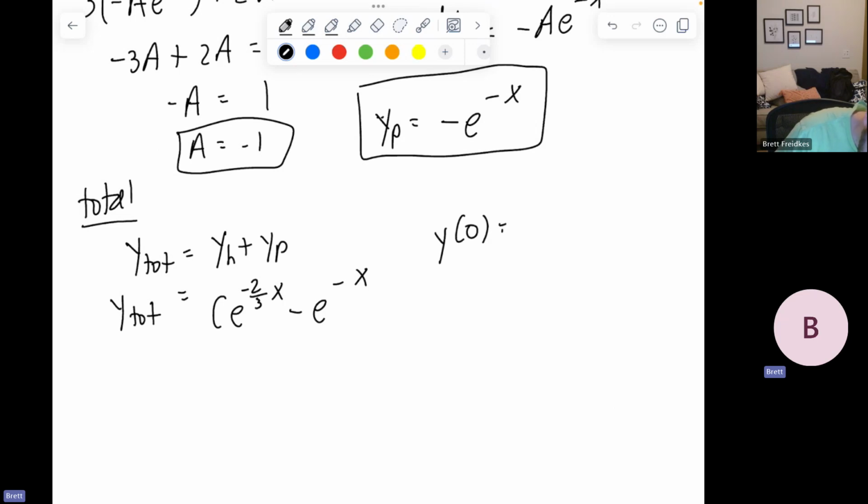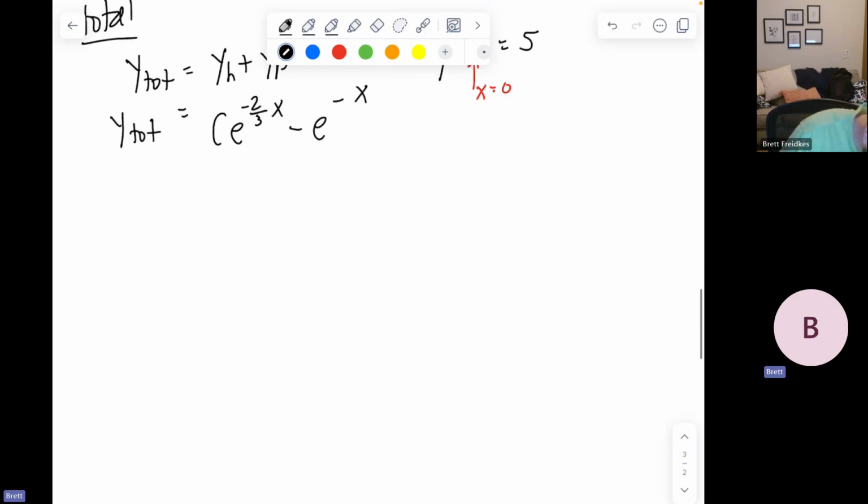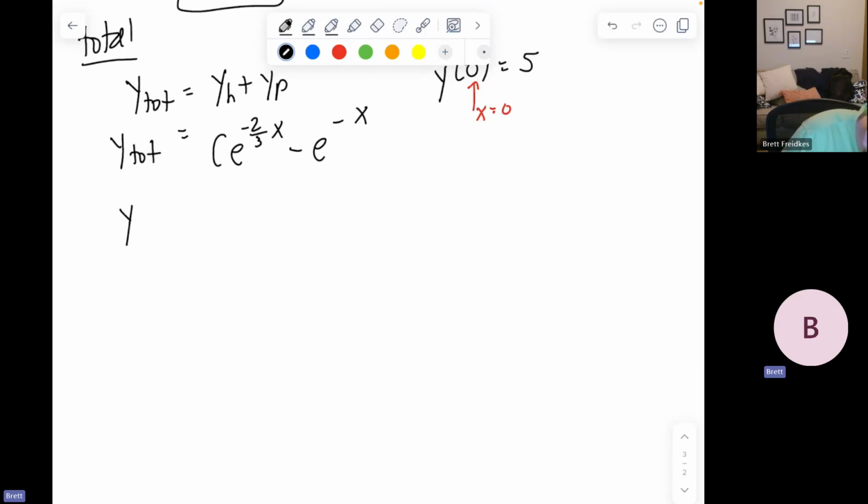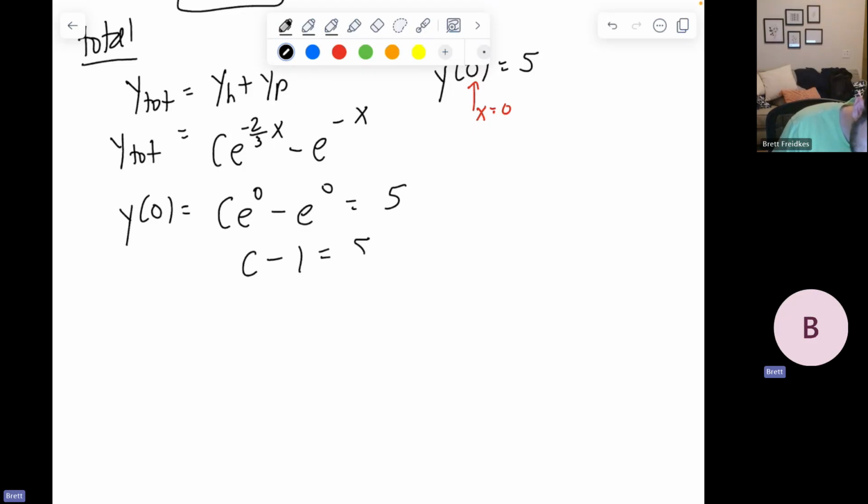And based on our initial condition, that Y of 0 is equal to 5, we plug in x equal to 0. Y of 0 is equal to C e to the 0 minus e to the 0. That whole thing has to be equal to 5. So you have C minus 1 is equal to 5. You end up with C is equal to 6.